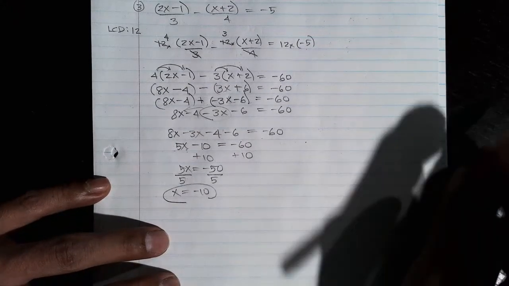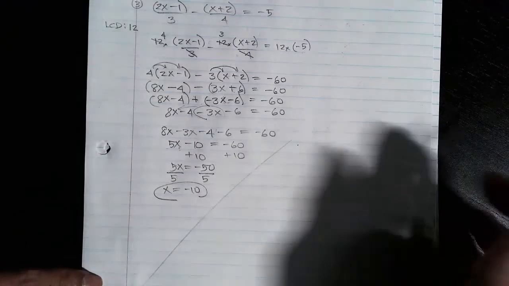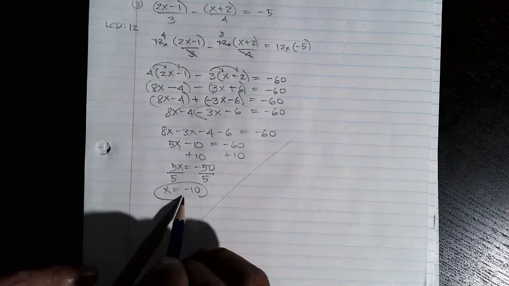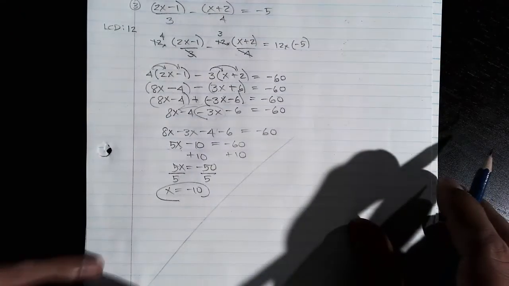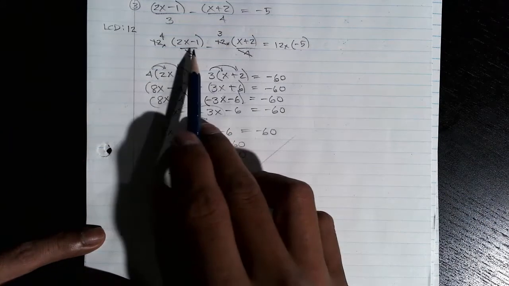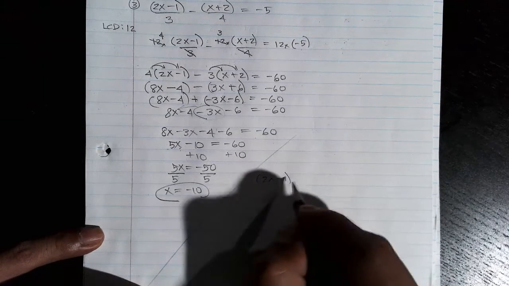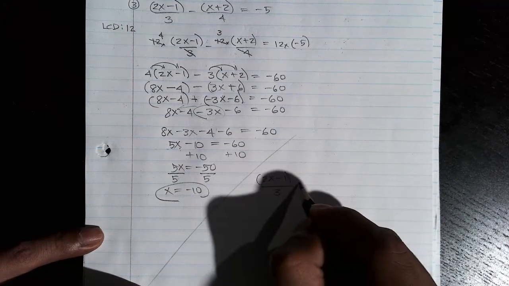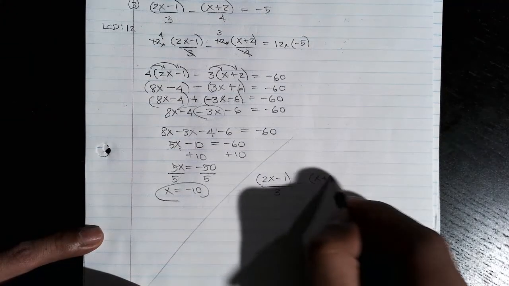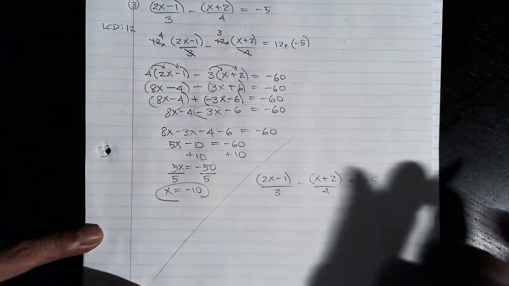Wow. I know, very involved. Let's do the check. Is our answer really equal to negative 10? Well, let's find out and let's do the substitution with the original equation, which is 2x minus 1 over 3 minus x plus 2 over 4 equals negative 5.